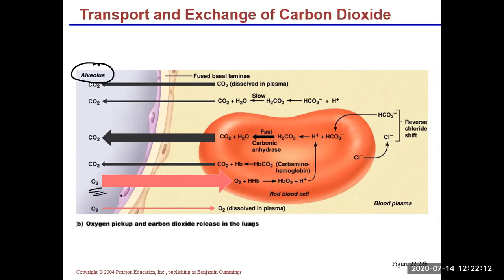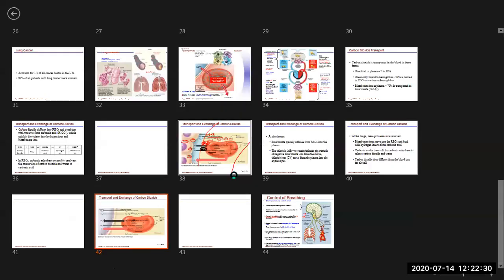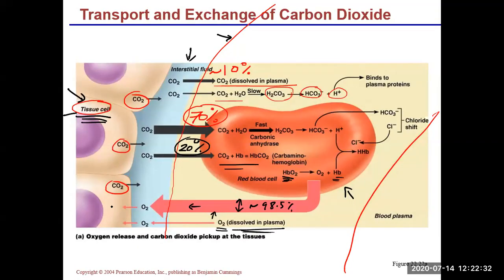Now you could see a lot of oxygen is coming in and they're getting loaded. So again, very little, 1.5%, is dissolved in the plasma. The rest, 98.5%, combined with the hemoglobin, and they're going to the destination. What is the destination? Well, I just told you, when we get to the tissues. So that was how you transport oxygen.